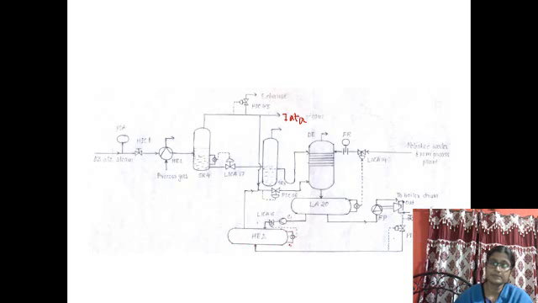So for a level control system, always the upper level as well as the lower level should be measured. So this is the process scheme for the deaeration process.